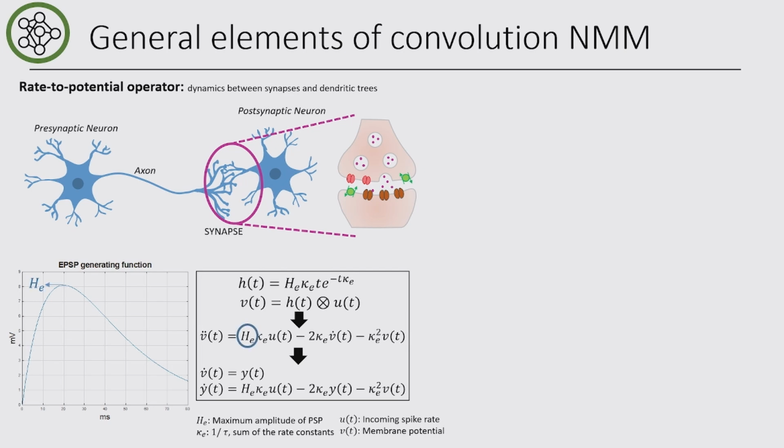So let's go into this. Your general elements of a convolutional neural mass model, there's two. There's what we call a rate to potential operator, I always get this the wrong way around. The pulse to wave operator, which represents the postsynaptic response of the postsynaptic neuron to its inputs.